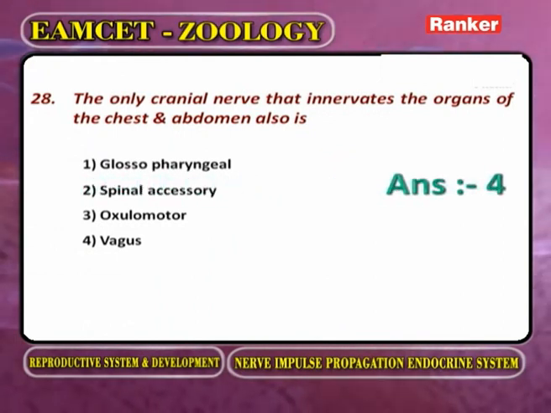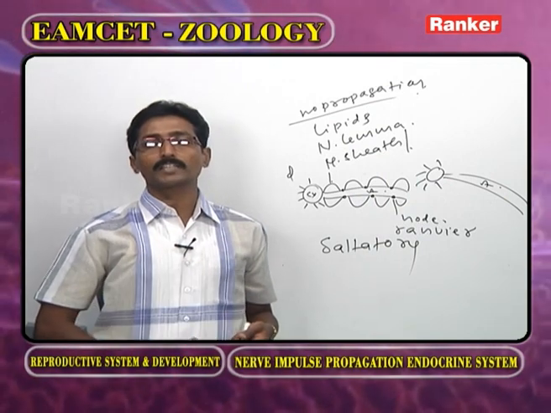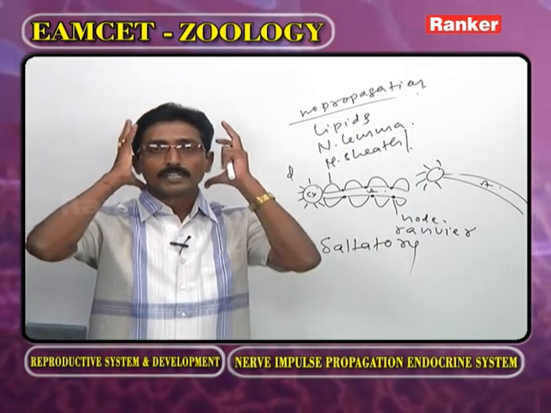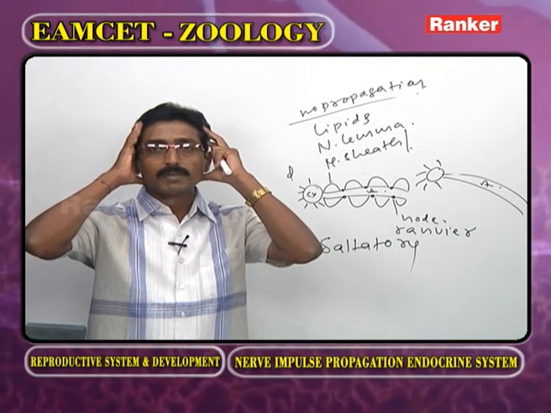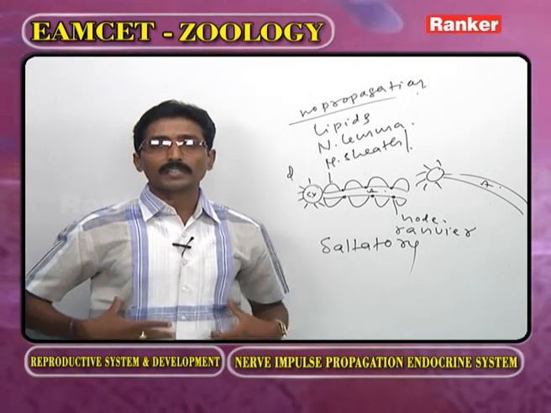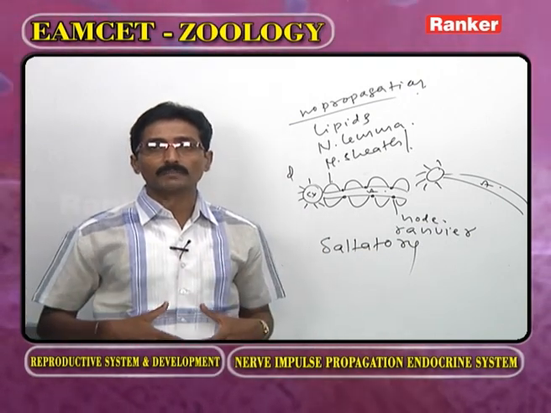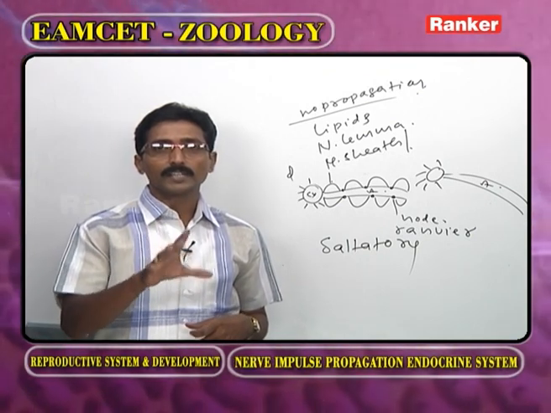The only cranial nerve that innervates the organs of chest and abdomen. Now you have to observe this part we call the chest and this part we call the abdomen. And we know very well this part we call the head region. Behind the head region, the parts are getting branches from the 10th pair of cranial nerves that we call vagus.